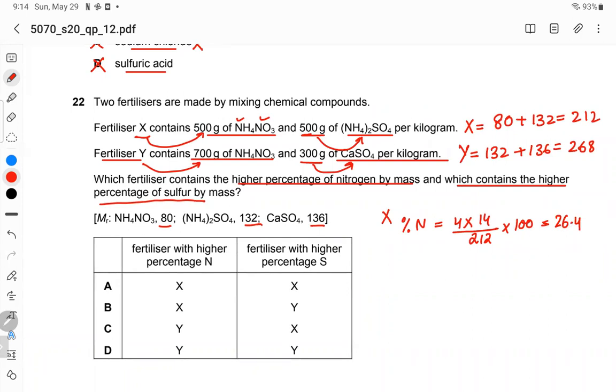Okay. Now, one thing we can easily predict is that in X we have 4 atoms of nitrogen.